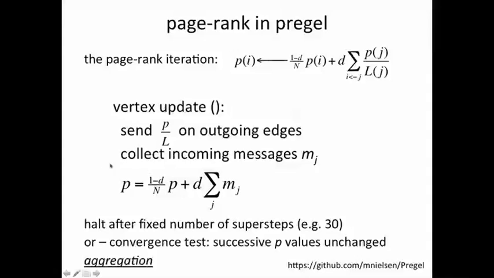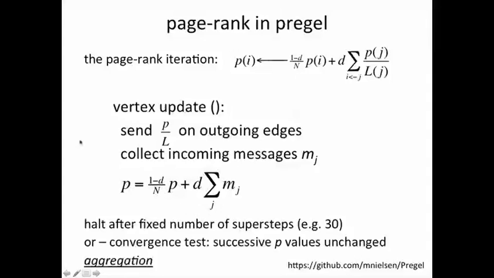In other words, I collect all the incoming messages from all my incoming edges, and I simply add them up, multiply them by d, and add them to (1 minus d) by n times p, and replace p with this value as per this formula.